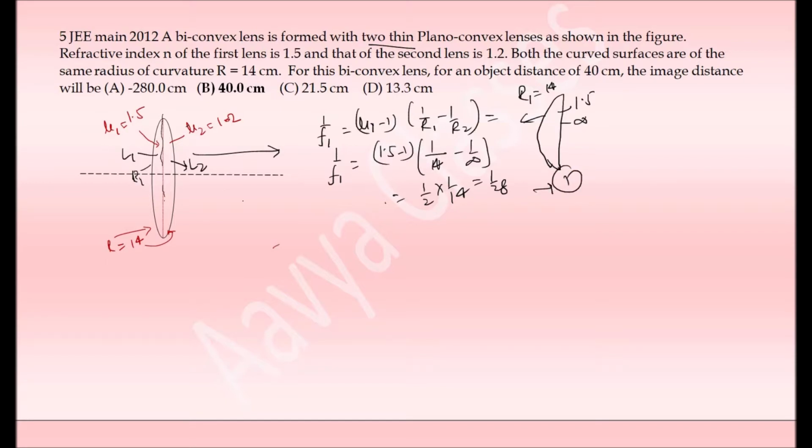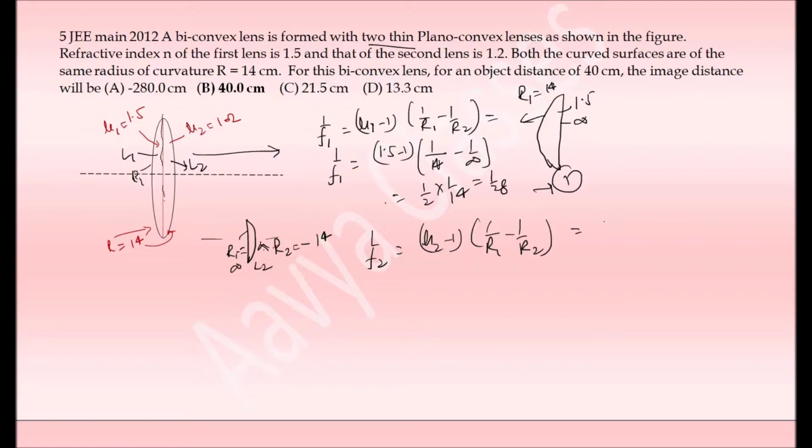Now we will calculate the value of 1 by f2. So this is our lens L2, and here R1 is equal to infinity and R2 is equal to minus 14. So 1 by f2 is equal to (mu2 minus 1) into (1 by R1 minus 1 by R2). Mu2 is the refractive index of the second plano-convex lens L2, and it is equal to 1.2.